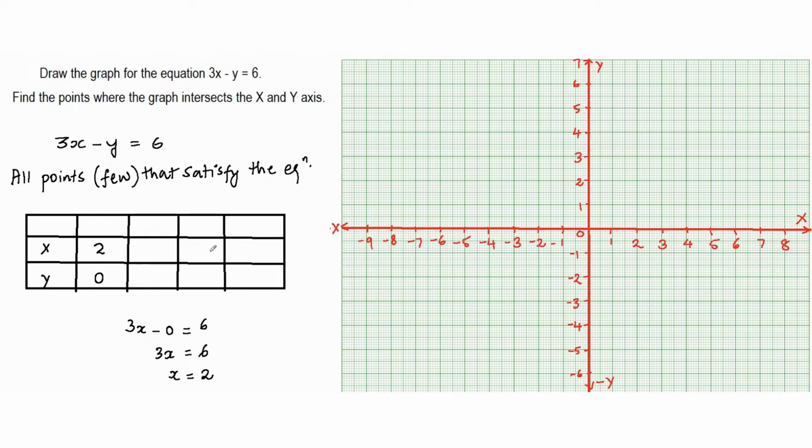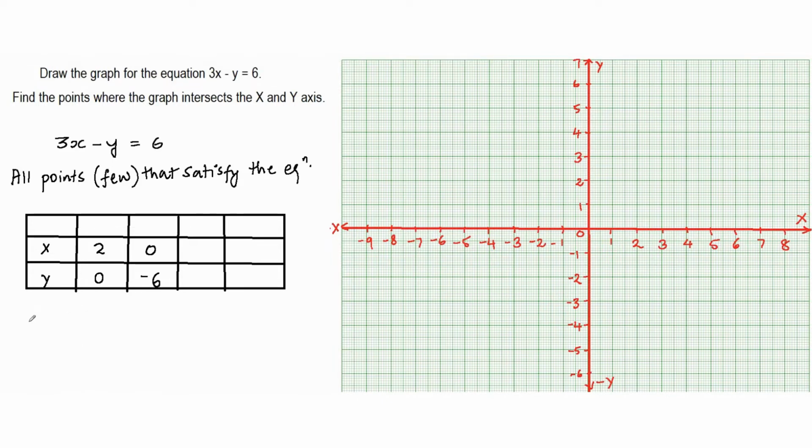Similarly, what will happen if I substitute x as 0? 3 times 0 minus y is equal to 6. That means 0 minus y is equal to 6, which means y is equal to minus 6. So x equal to 0 and y equal to minus 6 also satisfies this equation. Now let us find some more combinations.